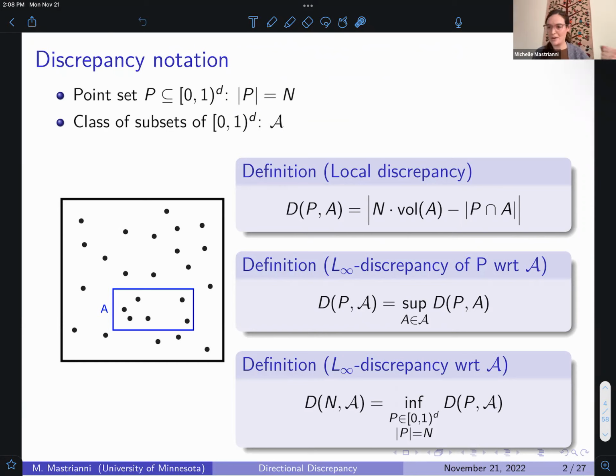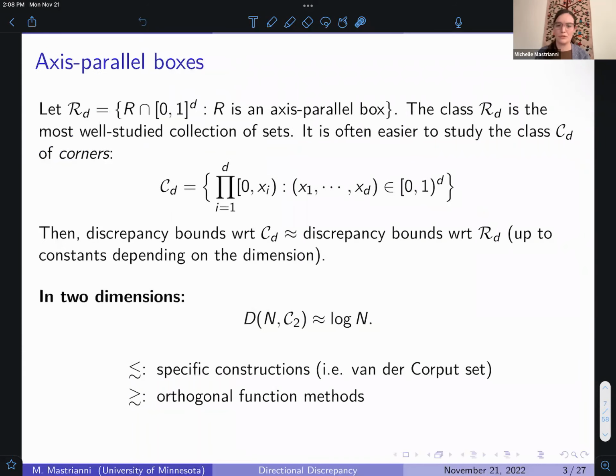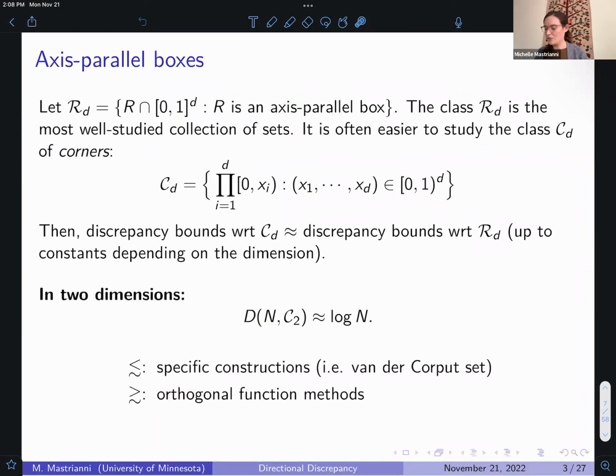So for an upper bound, we just need to show there exists a particular point set with that upper bound. For lower bounds, we need lower bounds to hold for all point sets. So for an upper bound, we have specific constructions that achieve logarithmic discrepancy. And for lower bounds, we can use orthogonal function methods, which I'll get into a little bit more in a second.